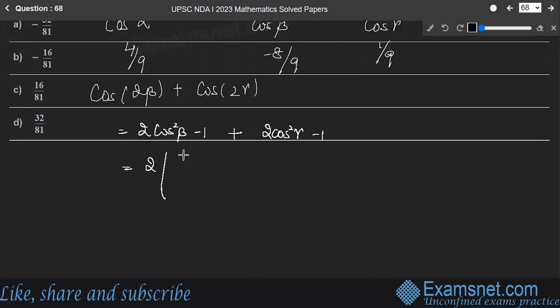Cos square beta is 64 upon 81, and 2 cos square gamma is 2 upon 81.